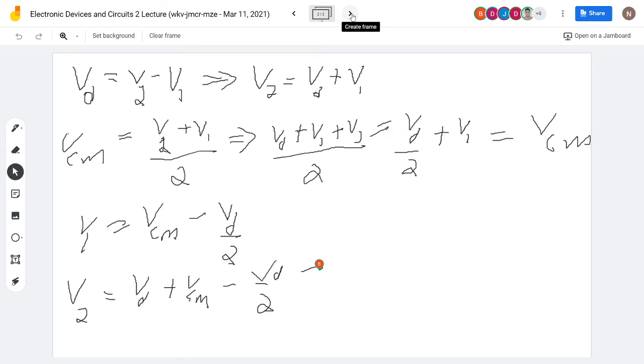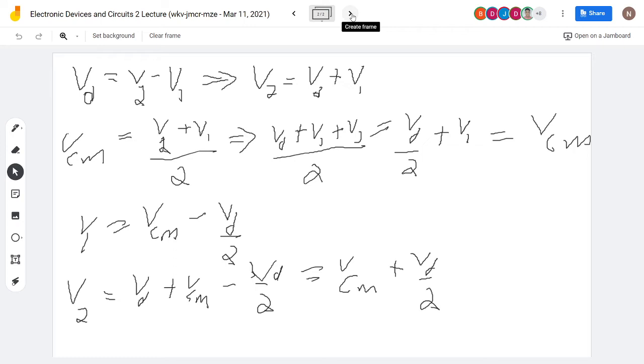Which really and truly is what? This and this is the same. So it means that we end up with VCM, and half a VD from a VD is going to leave half VD, right? Yes, sir. Okay.